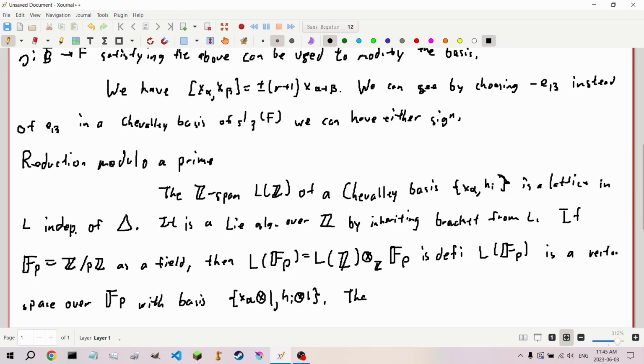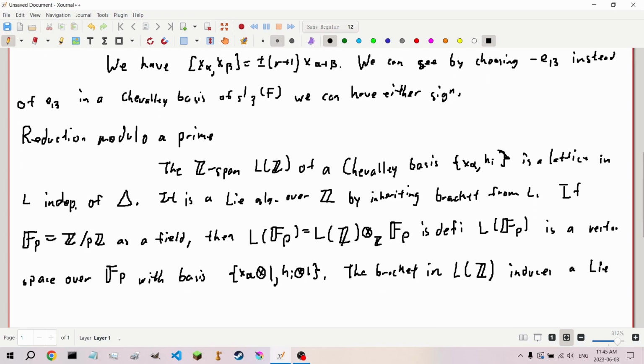And of course the bracket in our integer span of L induces a natural Lie algebra structure on L of the finite field F_p. And we know, of course, the multiplication table is just going to be mod p in this case.